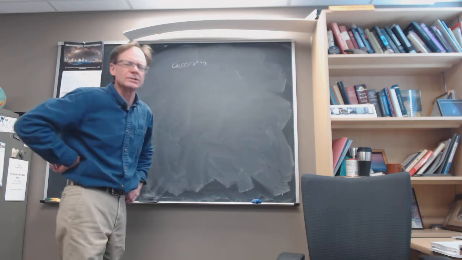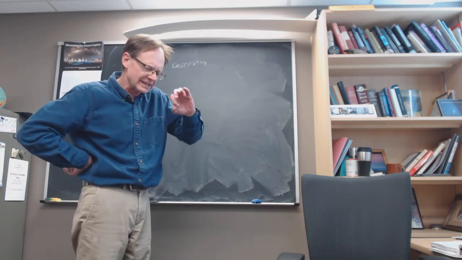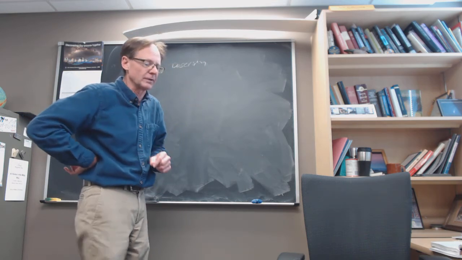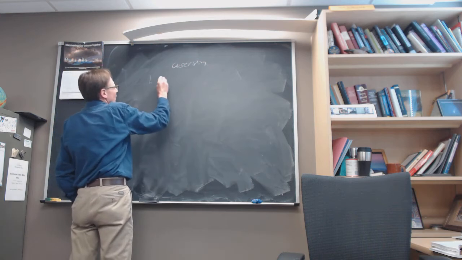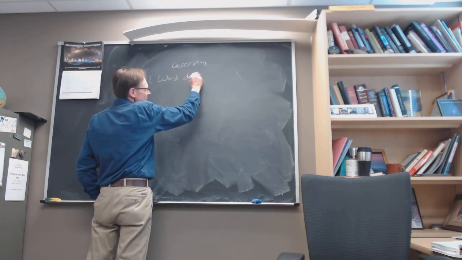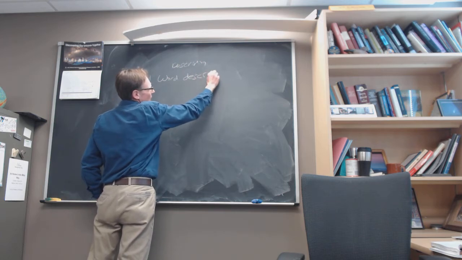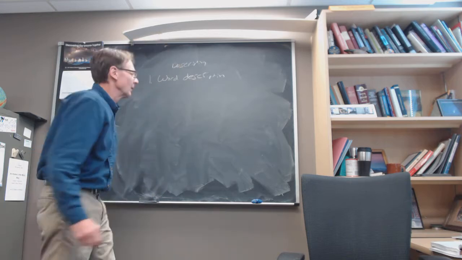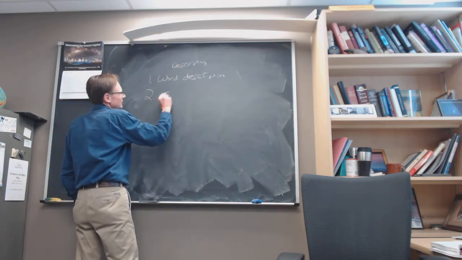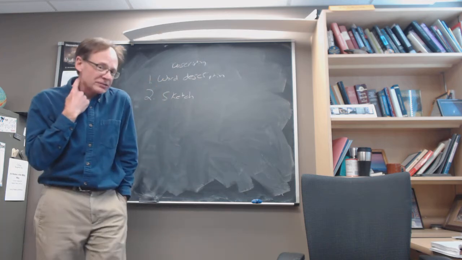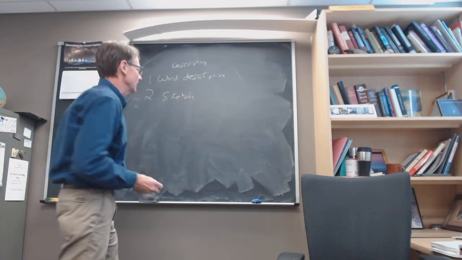Then I want you to give me a description of the spectrum, and you're going to do that a few different ways. First, I want a word description. Write me a sentence or two telling me what the spectrum looks like. Second, I want you to sketch the spectrum, how it appears to your eye in the spectrometer.